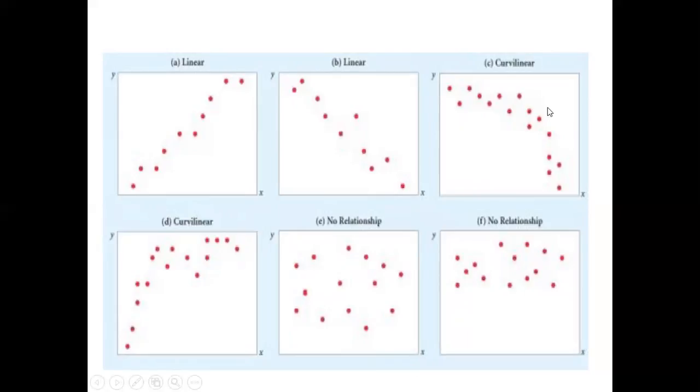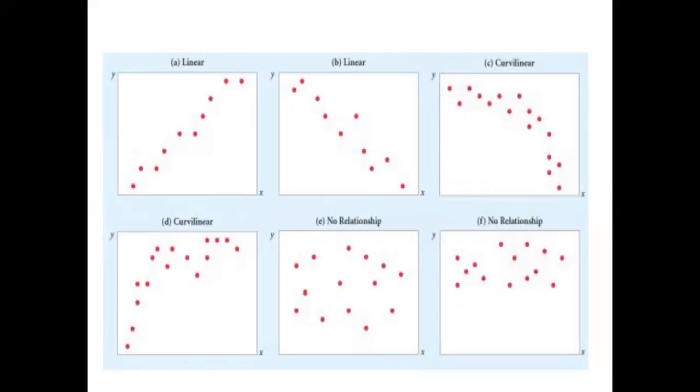That means the value of y decreases proportionally with x. So this third one, C, is a curvy linear relationship. That means the relationship need not always be straight. Curvy linear in the sense it is an inverse relationship, which means that the value of y decreases proportionally with x.